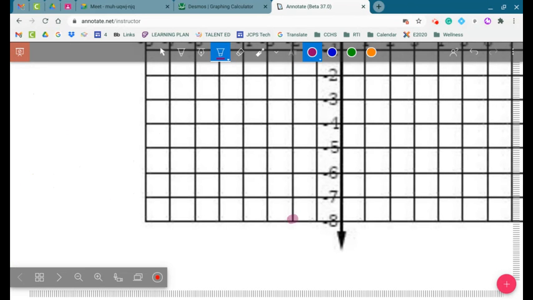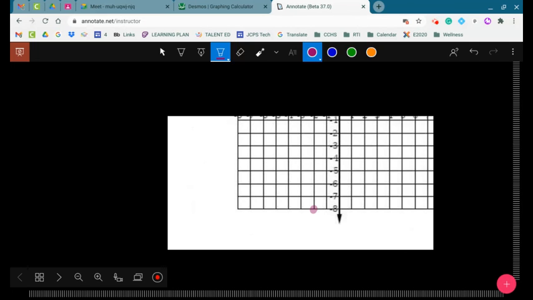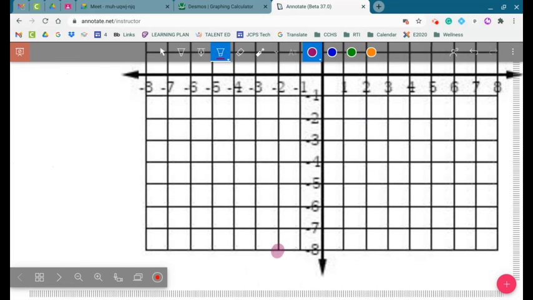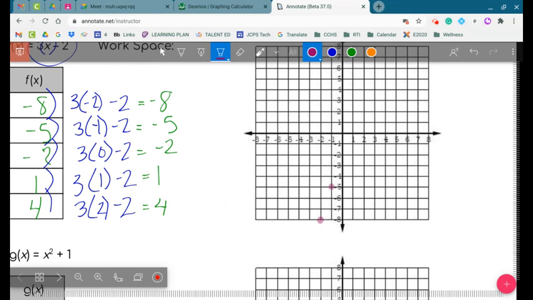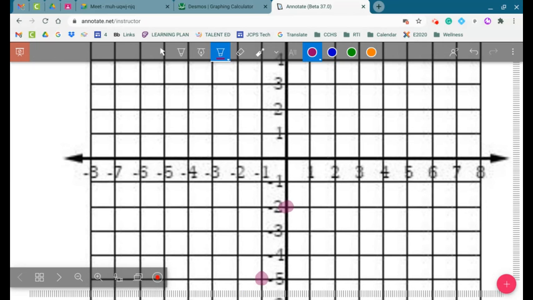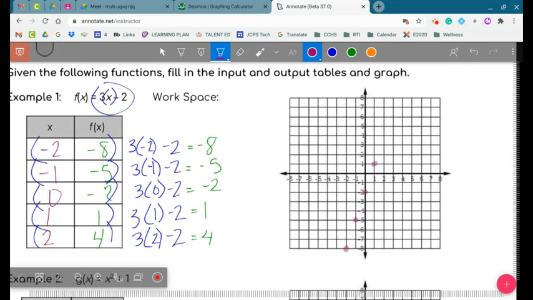So -2, -8. -1, -5. So over -1, down -5. 0, -2. 1, 1. And the last one was 2, 4.